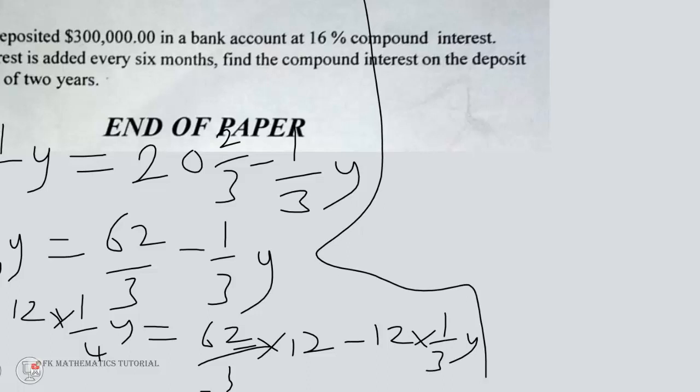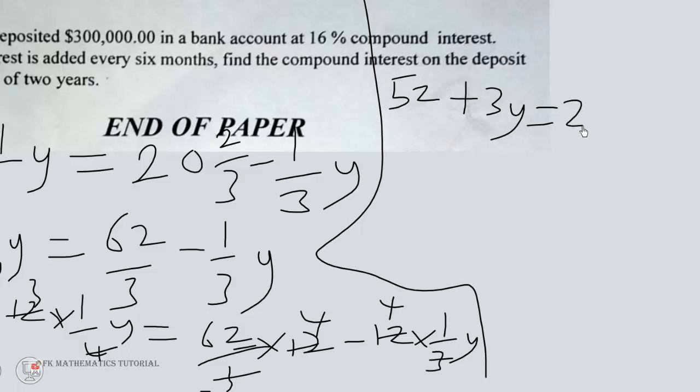So 3 will go here 4 times, 4 will go here 3 times, then we have 3 will go here 4 times, 3 will go here 4 times. So let's simplify. We have 4 times 13 is 52, then we add 3y, and this will be equal to 248 minus 4y.